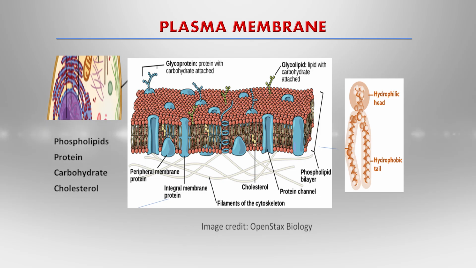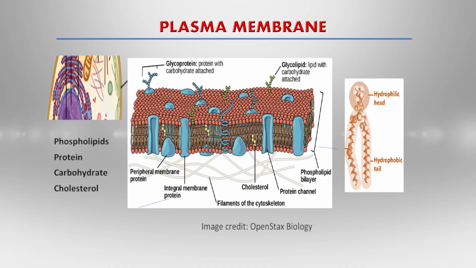Here you can see that phospholipid, protein, carbohydrate and cholesterol are the common constituents of the plasma membrane.